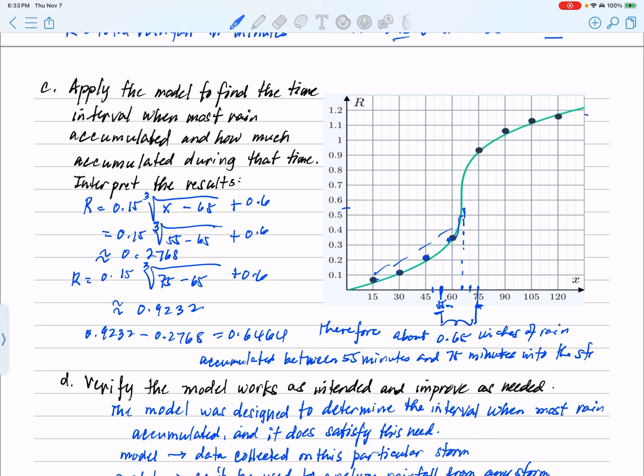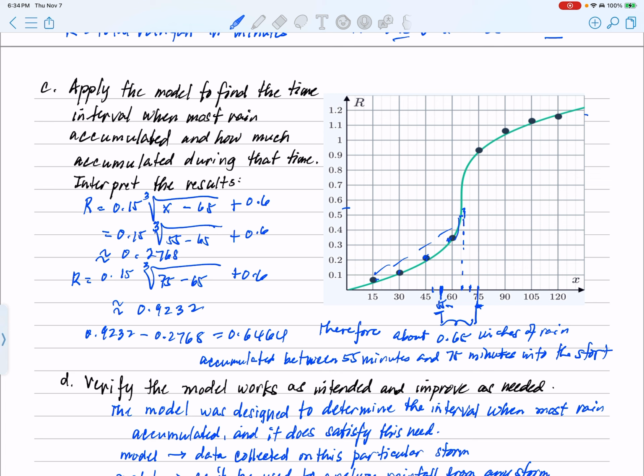So this tells us, although the storm lasted 2 hours in total, it rained the hardest during the 20-minute period in the middle of the storm. So these results are based on our assumption about when the rain accumulated faster and when it slowed down.